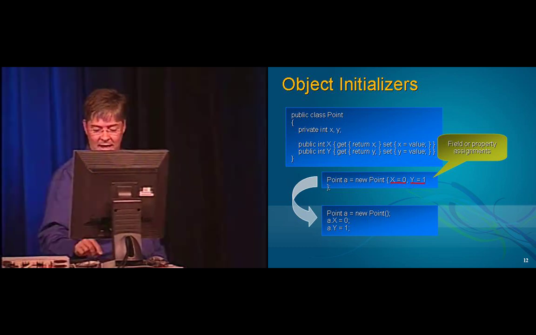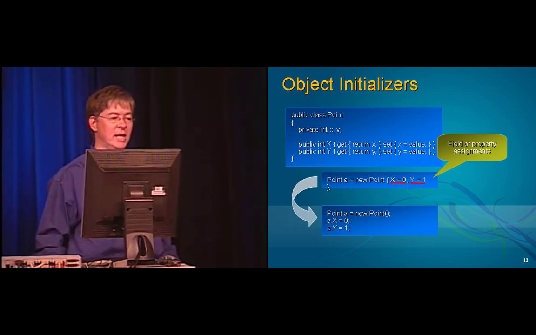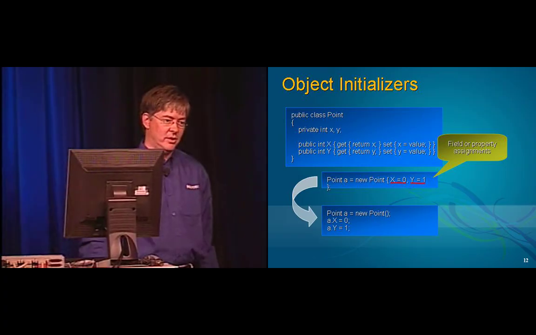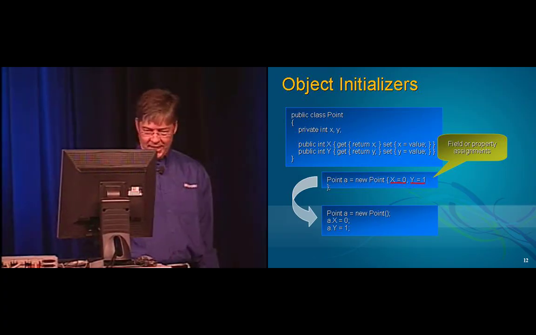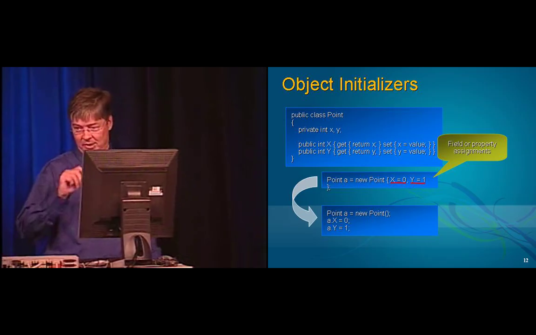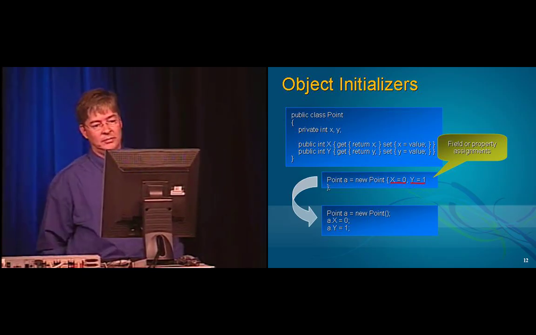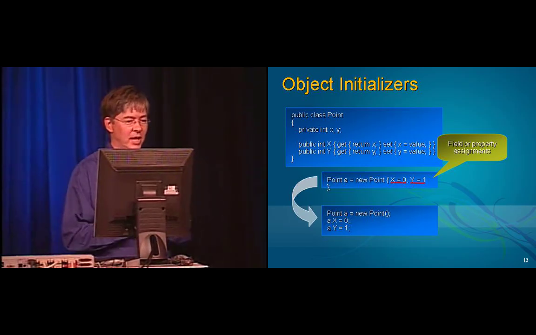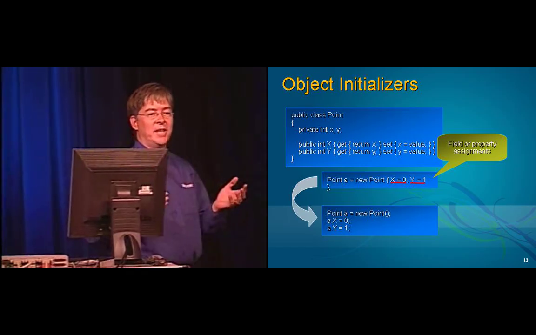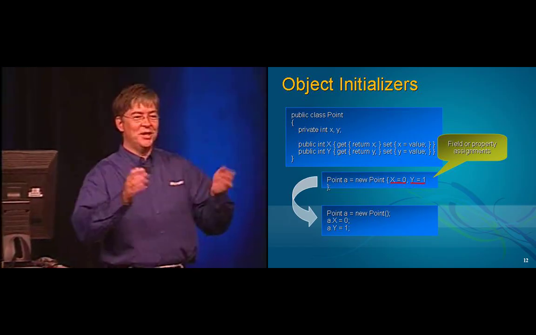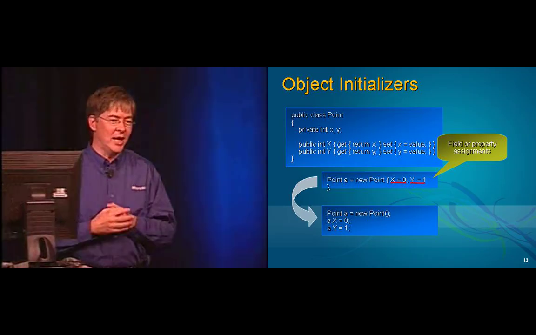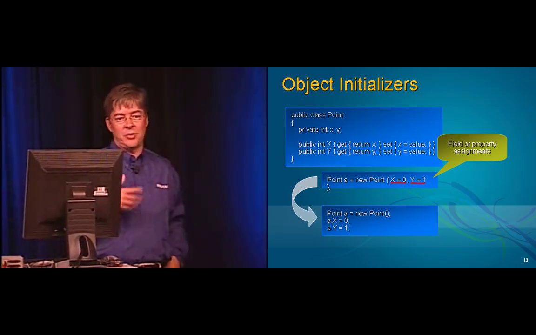With object initializers, we allow that to now happen in an expression context. So you can new a Point, and then you can follow it with an open curly and a series of field or property assignments. So it's a fairly simple extension, actually, but it makes it possible now in an expression context to new up objects and initialize their contents, which is tremendously valuable.